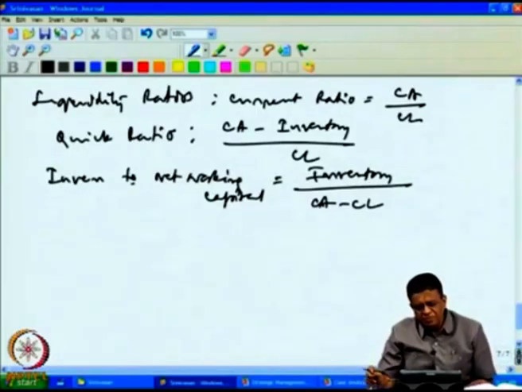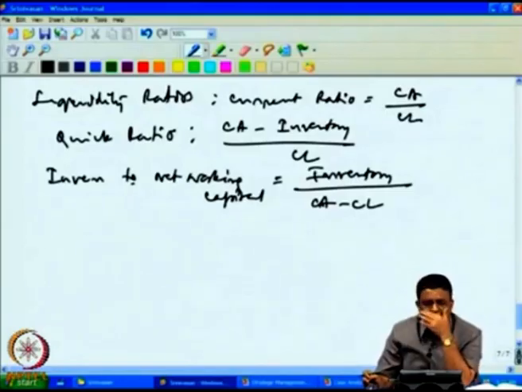So, this is a fairly important ratio. Whenever we look at a small scale enterprise or a medium scale enterprise, we always look at this ratio: how much of inventory is locked up, how much of the money is locked up in the inventory.